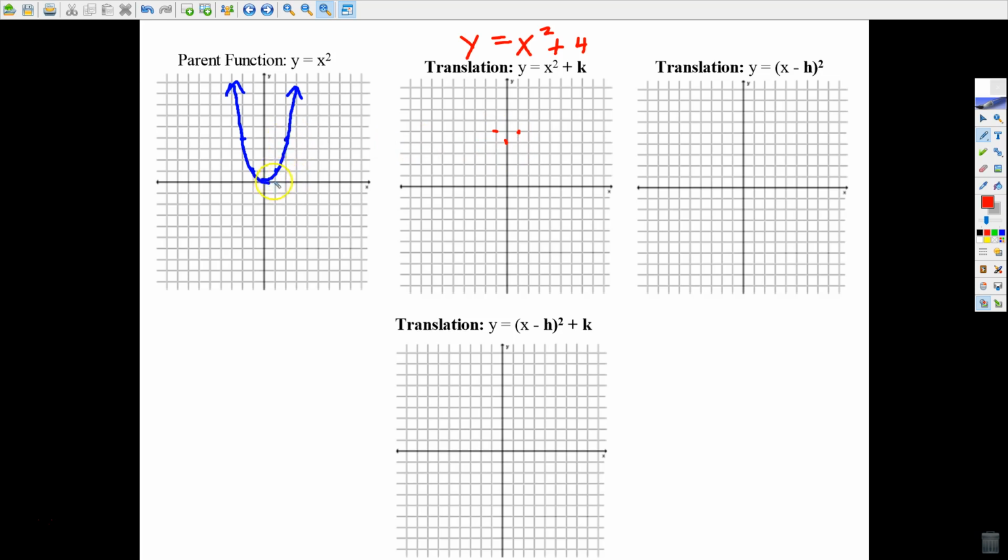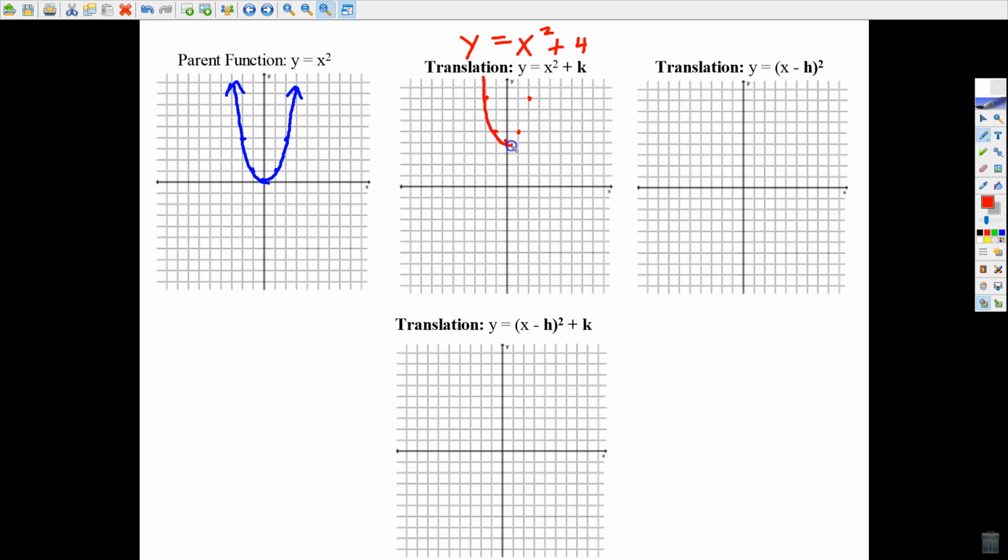So all of the points on the parent go up 4 from the original. So the original had 2, 4, so I'll start there and go up 4 more. 1, 2, 3, 4. And then matched up over here.